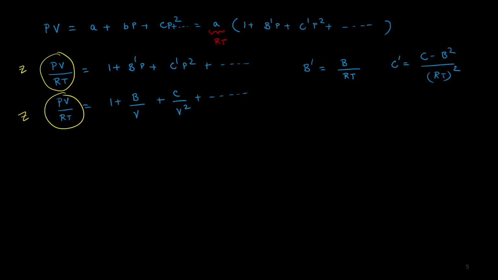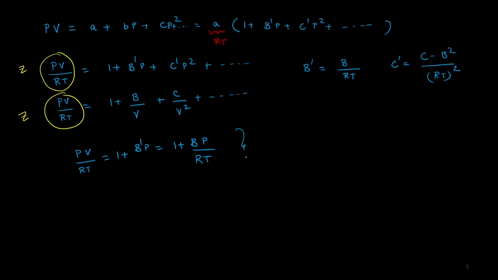Now, which one of these two forms is better? It turns out that if there is only one term we are going to use in addition to the ideal gas, so for example, if I'm going to use only B, then PV over RT is 1 plus B prime P, or in terms of B it is 1 plus BP over RT.